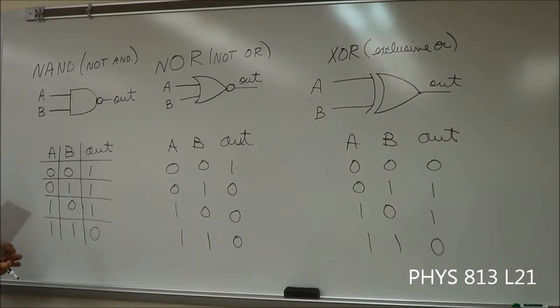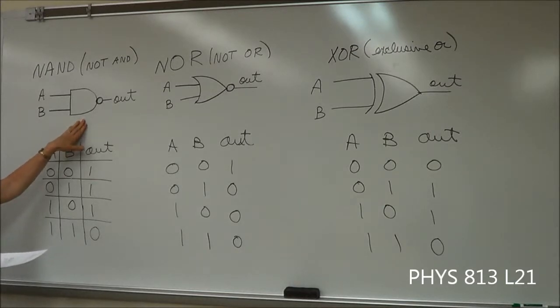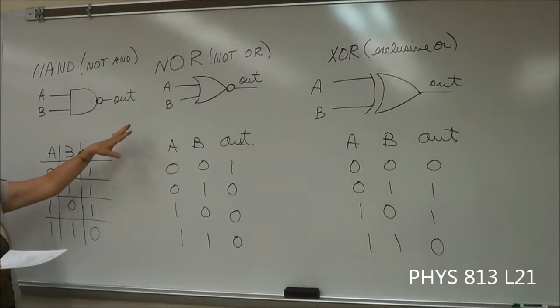Okay, so those are our 6 gates, and it's kind of interesting that you can make some combinations of various gates and get a different one. This concept of completeness means that you can take one gate, and we're going to look at the NAND gate. You can take several of these NAND gates and put them together in particular ways and end up producing an AND, a NOR, or exclusive OR.